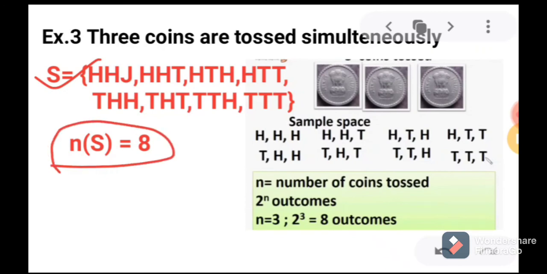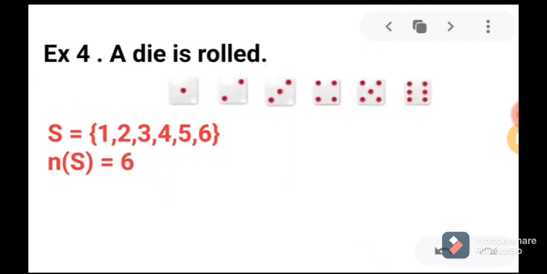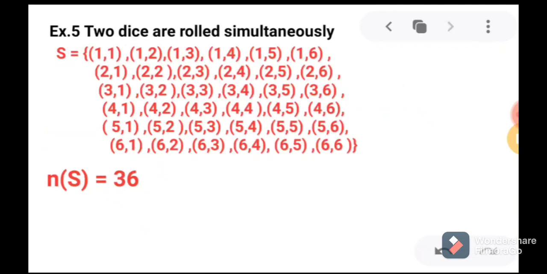Now a die is rolled. What is the sample space when a die is rolled? We get 1, 2, 3, 4, 5 or 6. The number of sample points is 6. Now 2 dice are rolled simultaneously.